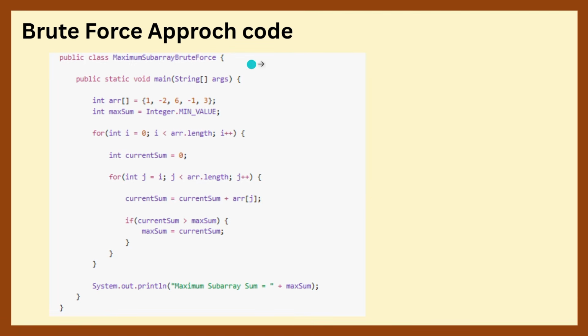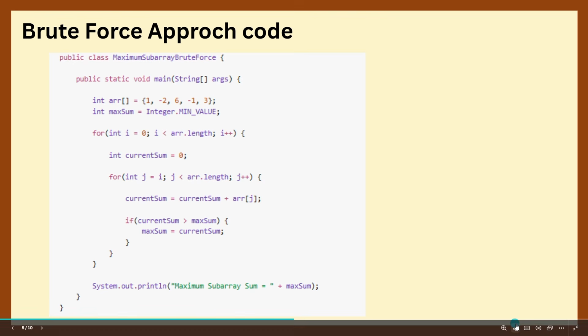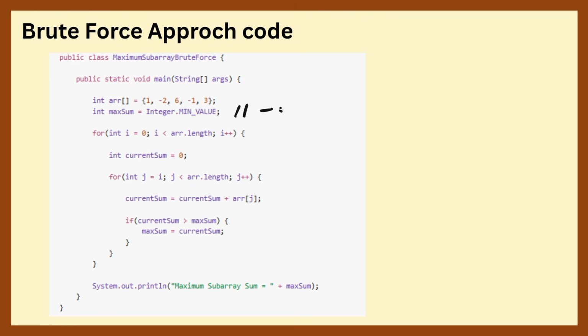This is the implementation of the brute force code, which takes one array, and the maximum sum as an integer, Integer.MIN_VALUE, which means it assigns maximum as minus infinity. We traverse the array, and here we declare current sum as 0.